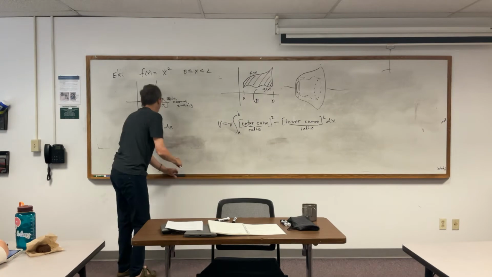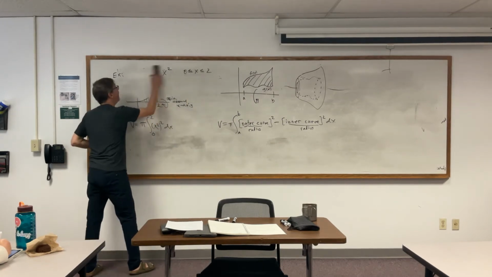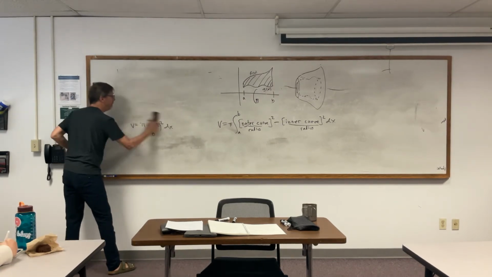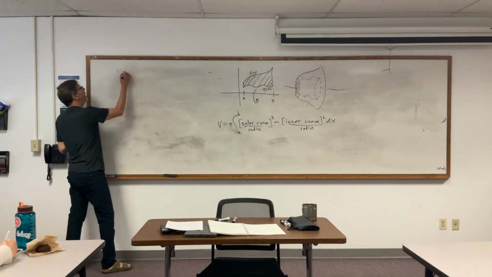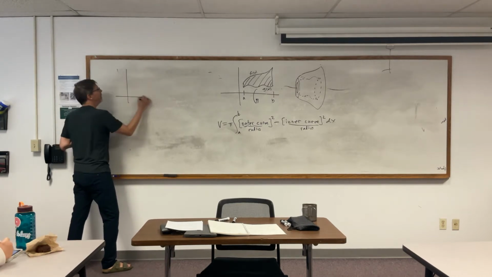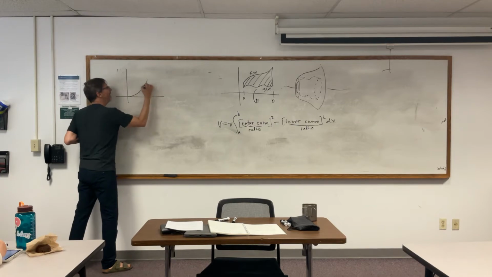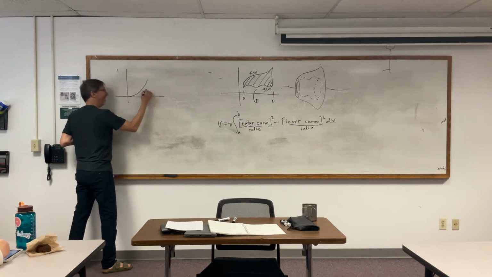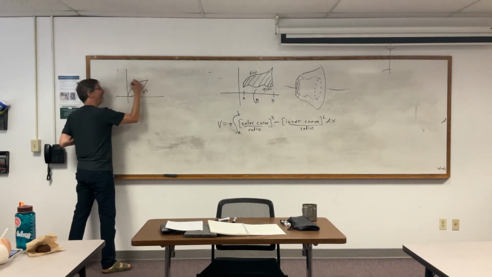So, let's do one. Let's take the inner, so we've got square root x, and x squared. They meet right at 1.